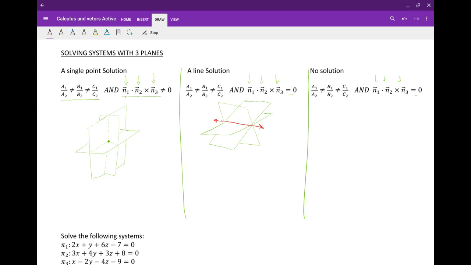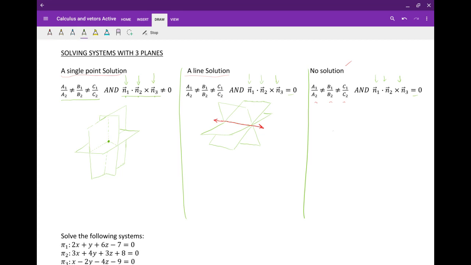So I'll go through a few of these, maybe in a separate little video, okay? What I'd like to focus on is the single point solution and the line solution, okay? For the no solution one, you really have to do quite a bit of analysis on the slopes and whether or not certain things are or are not parallel, right?